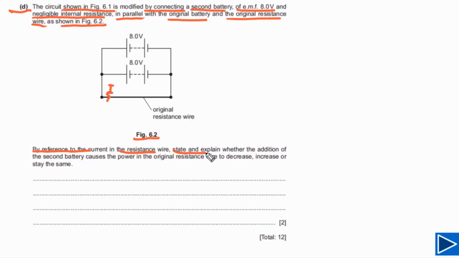We need to state and explain whether the addition of the second battery causes the power in the original resistance wire to decrease, increase, or stay the same. First of all, let's understand the effect of the second battery on current in this wire. For that we need to understand Kirchhoff's second law. If we draw this loop, you can see the potential difference across this wire does not change.